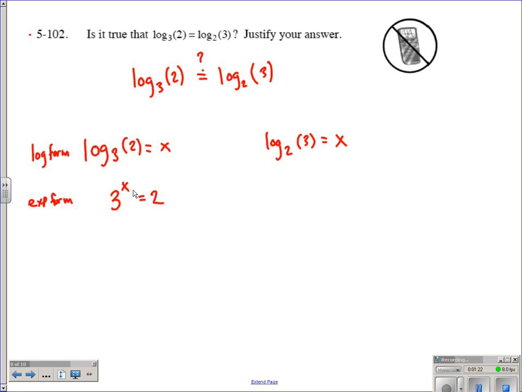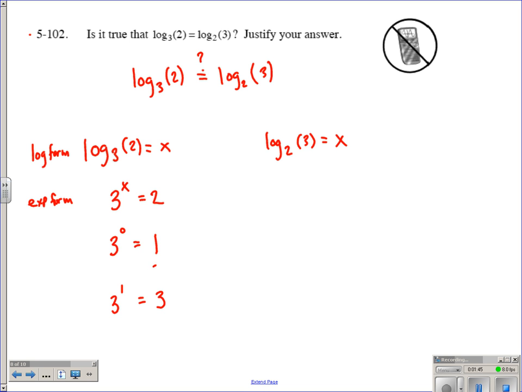Well, if we're just trying to think about what this value of x could be, think about this for a second. If I said 3 to the power of 0, that should equal 1. And I also know that 3 to the power of 1 should equal 3.